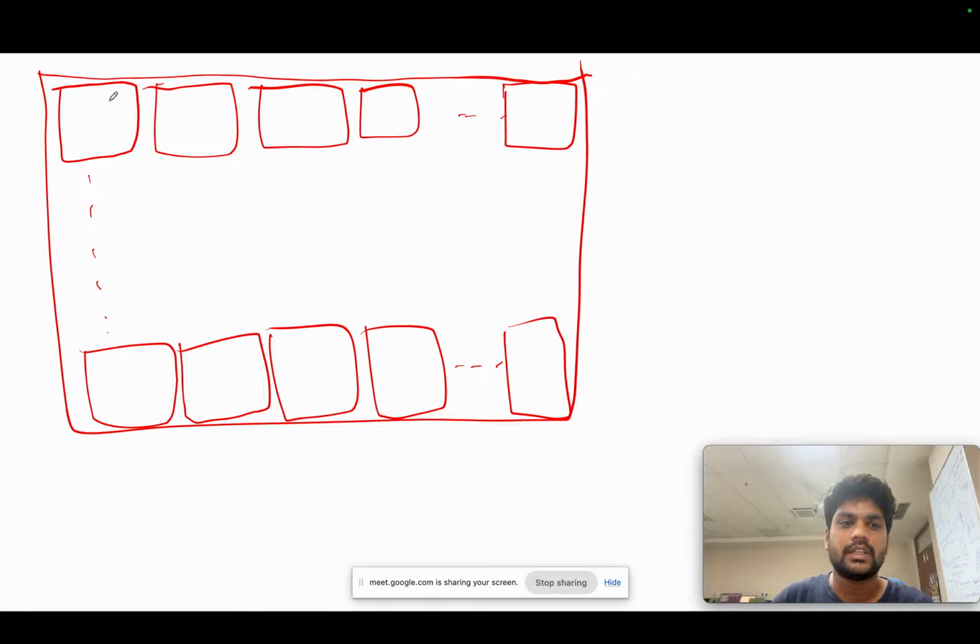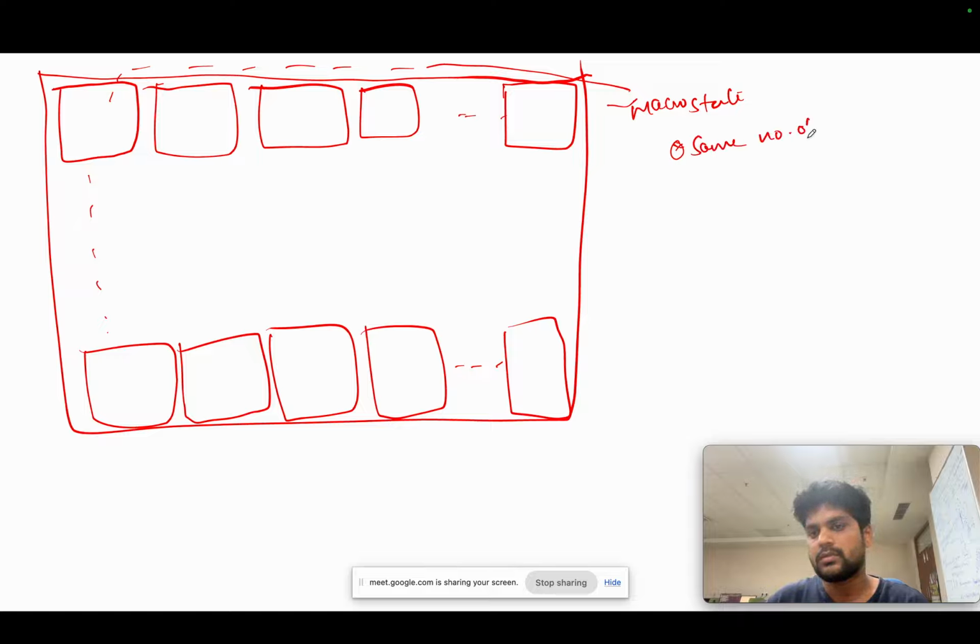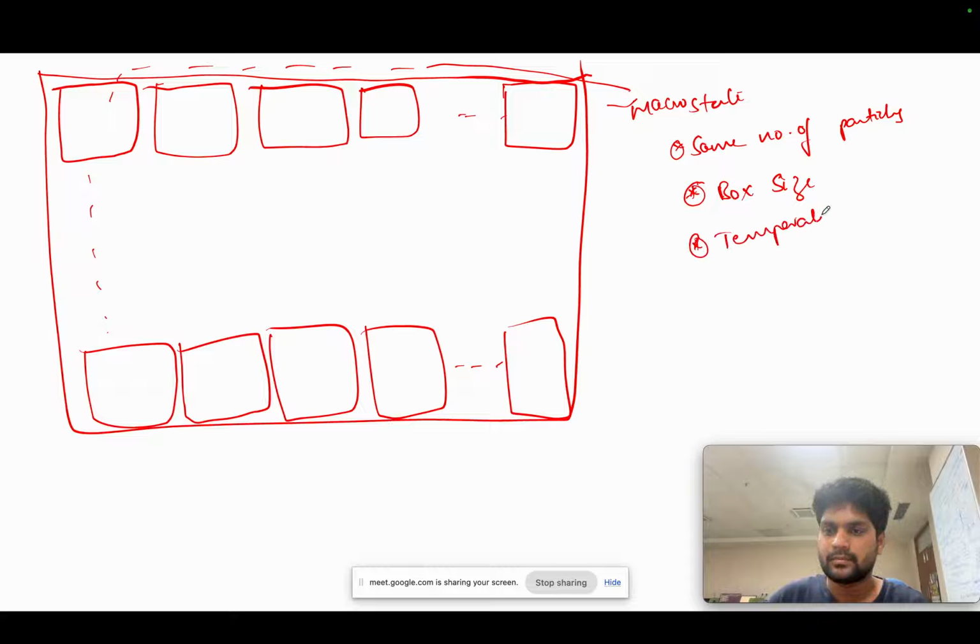If I take a single microstate, in all these we have the same number of particles, and the box size is same, and the temperature is same. So it means number of particles is same, box size is same, and T same.